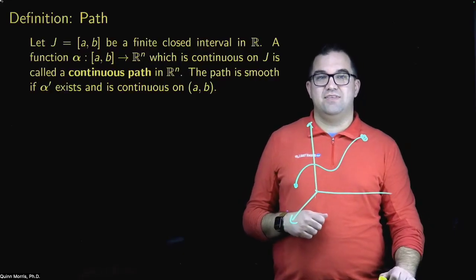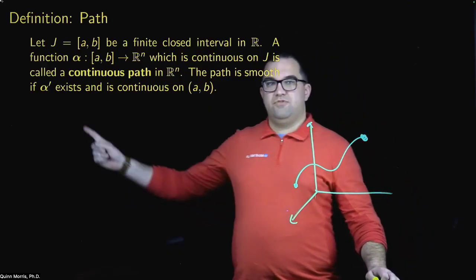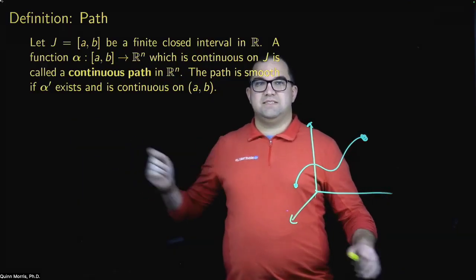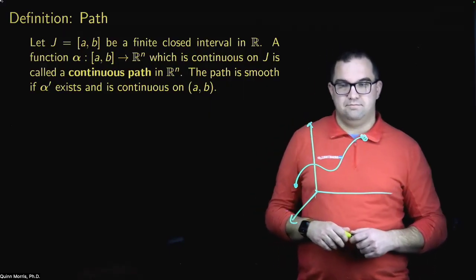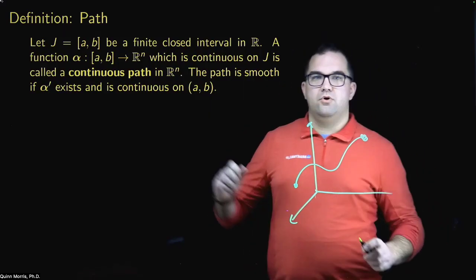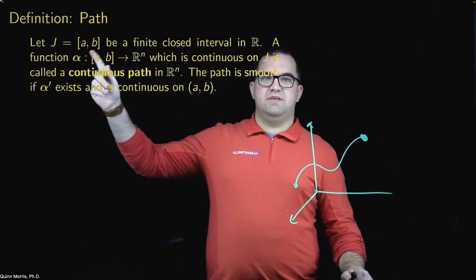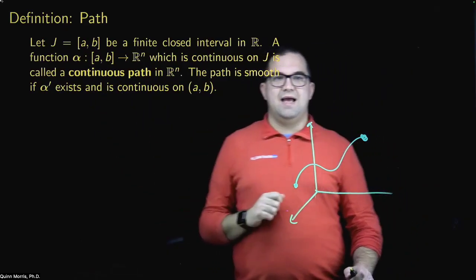Additionally, I'll say that the path is smooth if the derivative alpha prime exists and is continuous on the open interval (a, b).